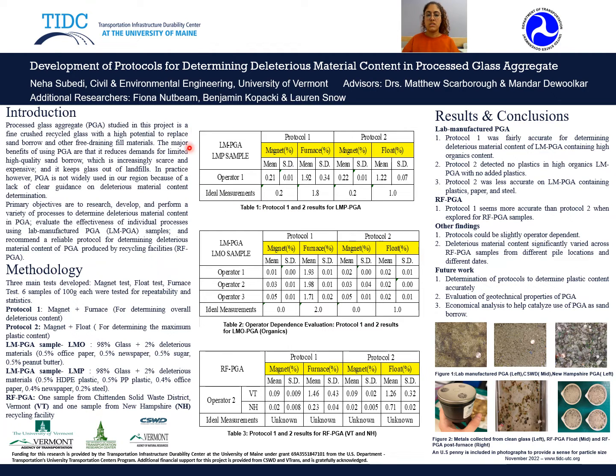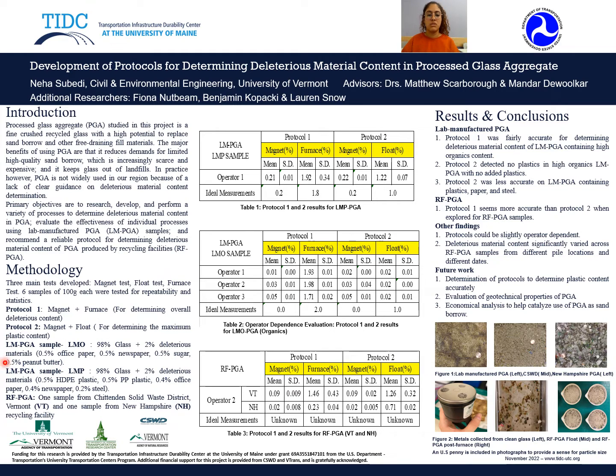This was the protocol test that we carried out on LMP sample, which consisted of 98% glass, 0.5% PP plastic, 0.5% HDP plastic, 0.4% office paper, 0.4% newspaper, and 0.2% steel. Then we conducted same protocol tests on lab manufactured LMO sample, which consisted of 98% glass, 0.5% office paper, 0.5% newspaper, 0.5% sugar, and 0.5% peanut butter.